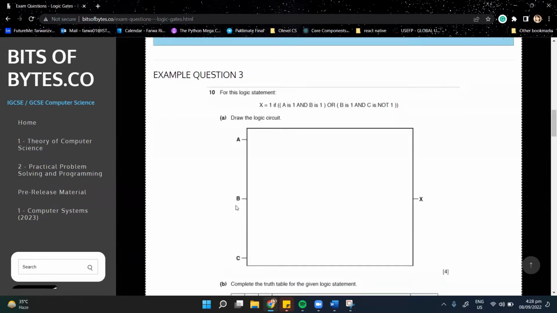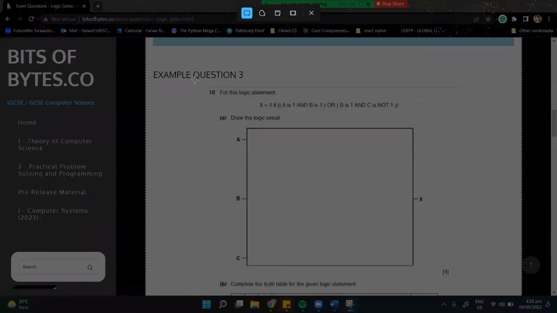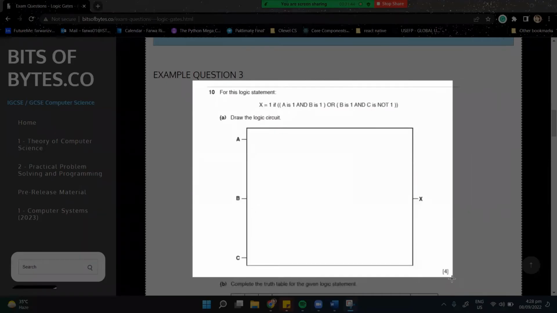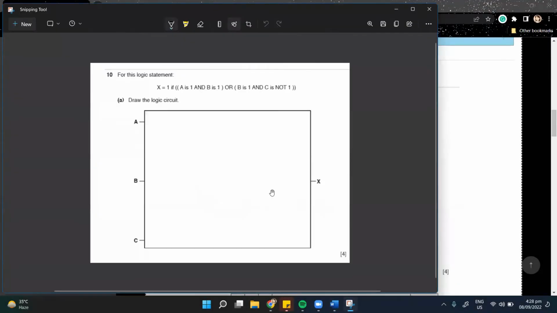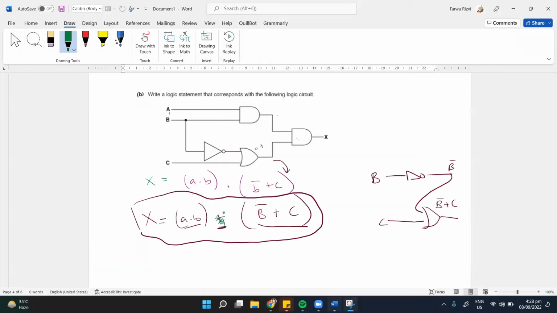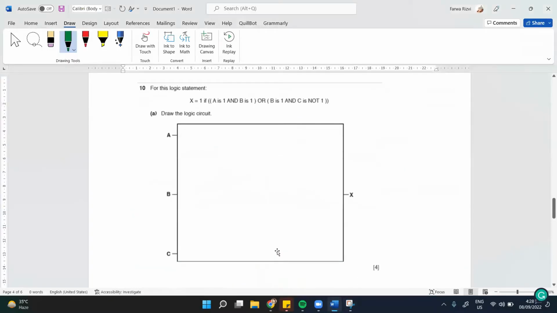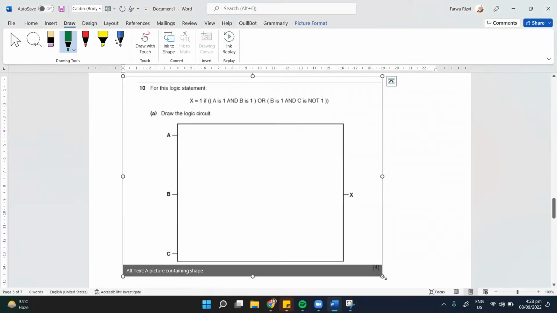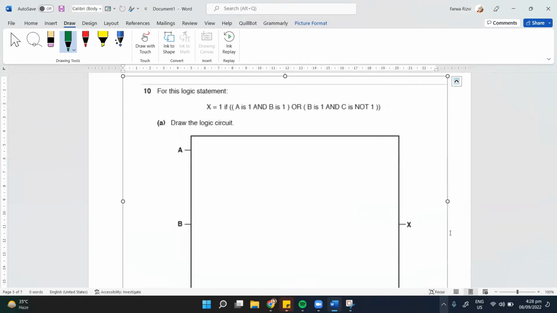For this logic statement, draw the logic circuit. So they gave you a logical statement here. Let's solve this one together. Let me make this bigger so there's more space.